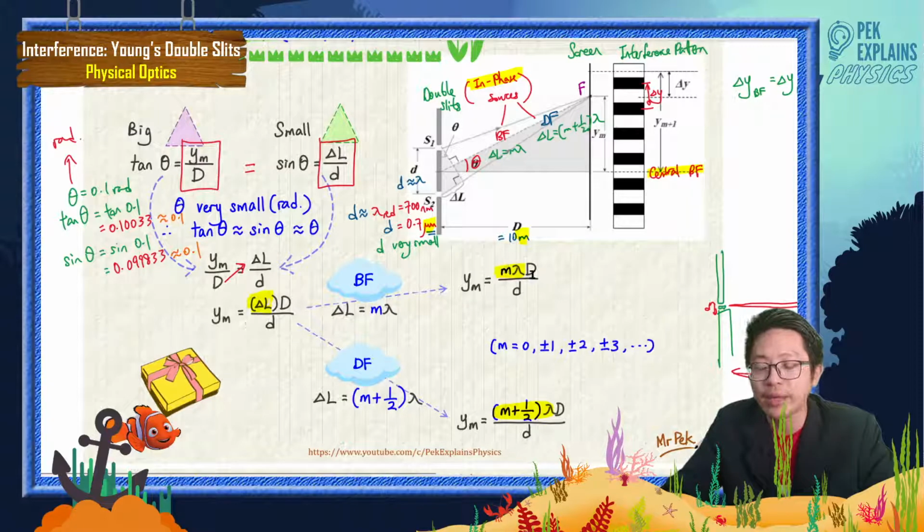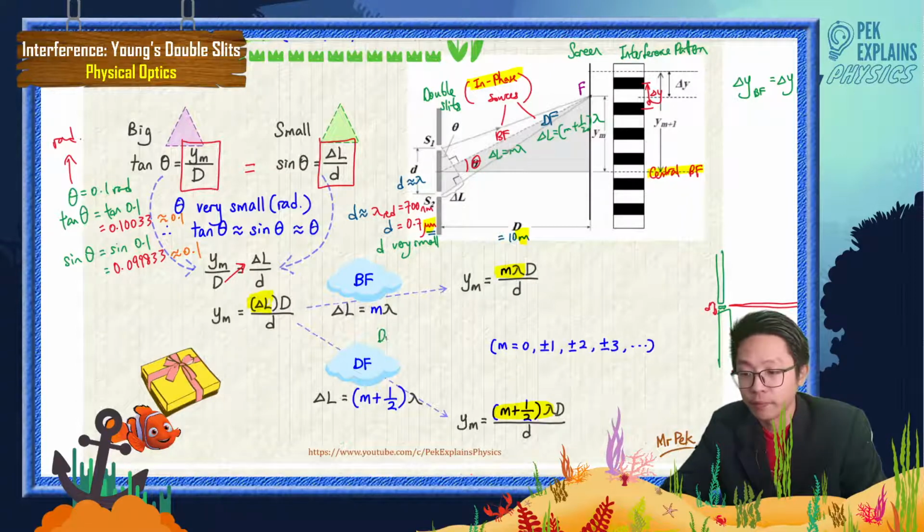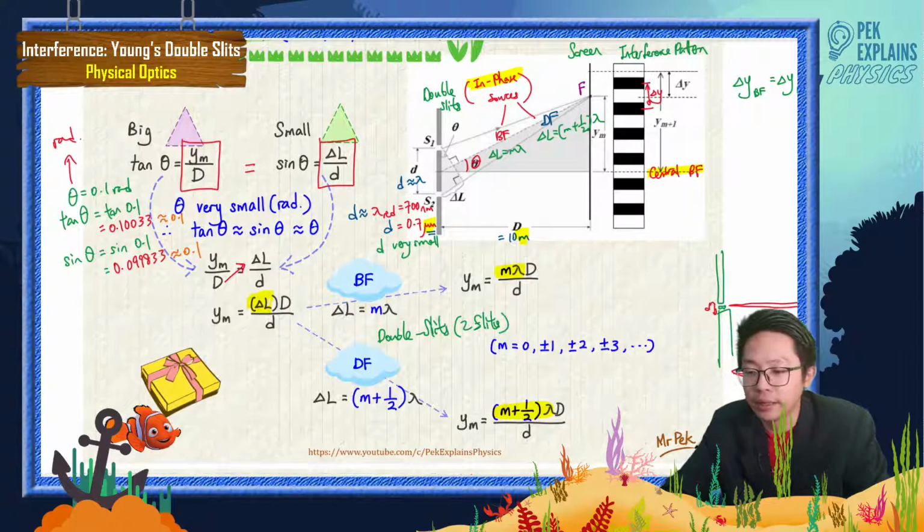Why like that? Why m lambda for bright fringe? Because once again, I just want to emphasize, double slits, or sometimes we call it two slits, is a category under in-phase source.